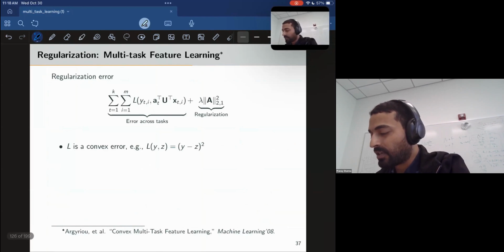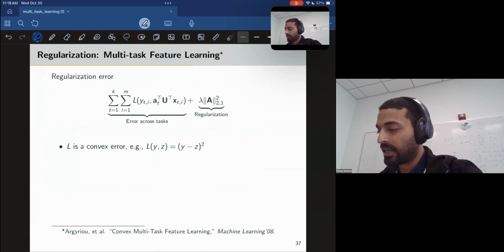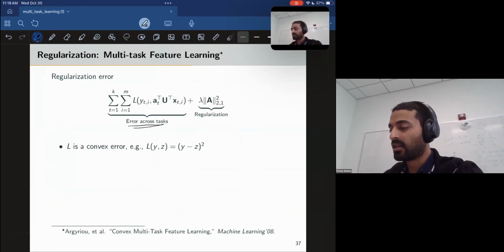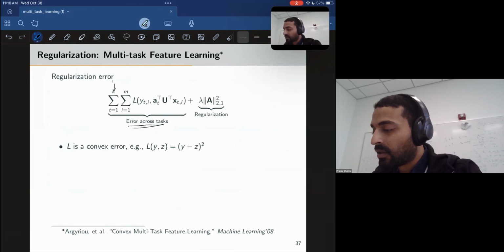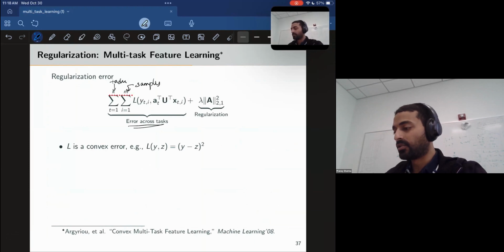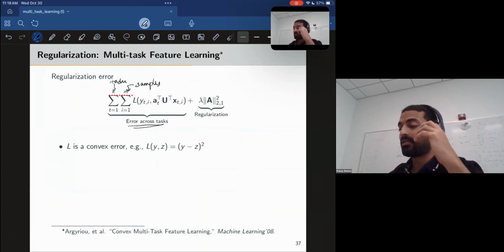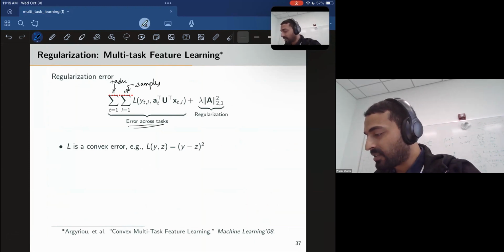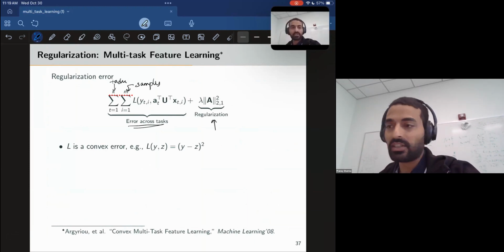So these guys came up with a clever idea, again using regularization. You minimize whatever error you have across tasks. Here k is the number of tasks, and for each task you have m samples, right? The first term gives you the error across different tasks, and the second term has some regularization which is strange looking.